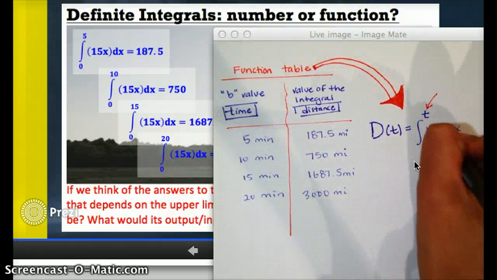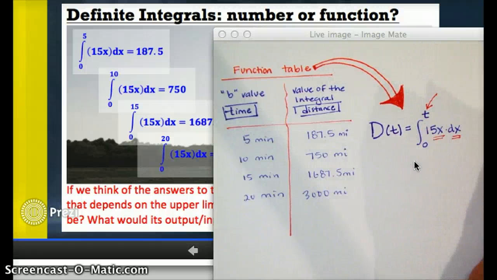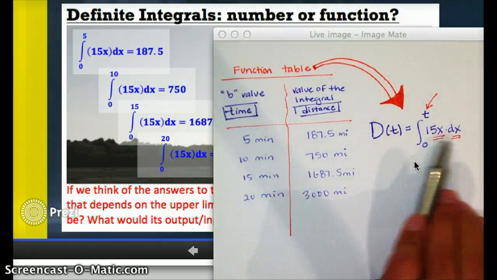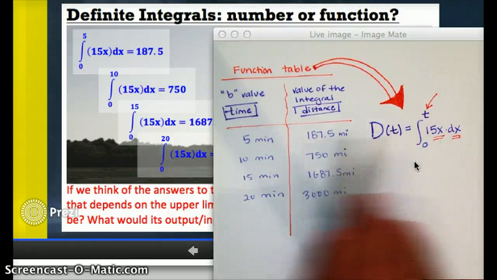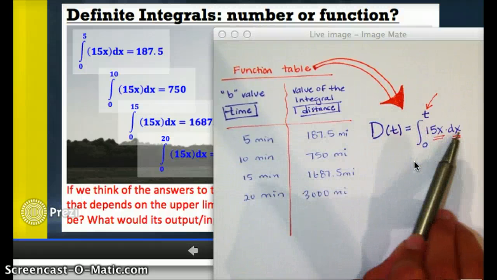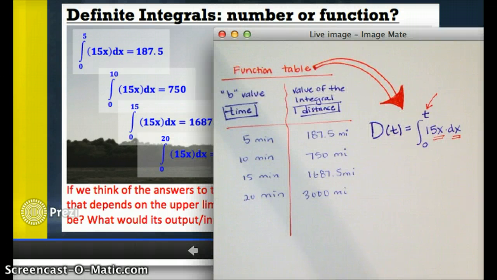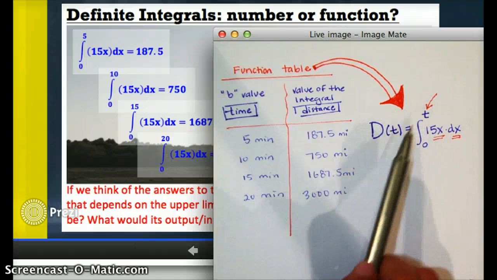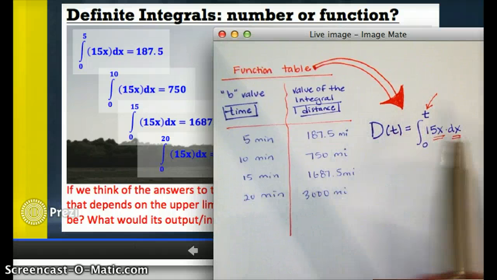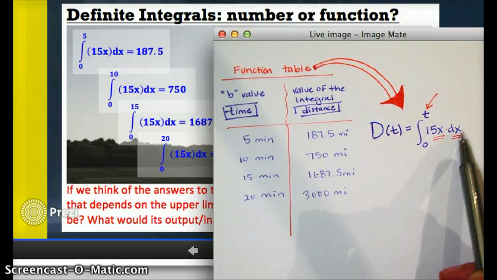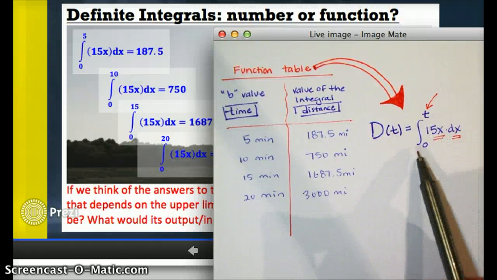It is not the x inside. In fact, the x's inside have nothing to do with this function. Those x's, those belong to this other function, which is not the same thing as the function we're looking at. So this is the variable, the independent variable. X is just another symbol used as part of the integral.